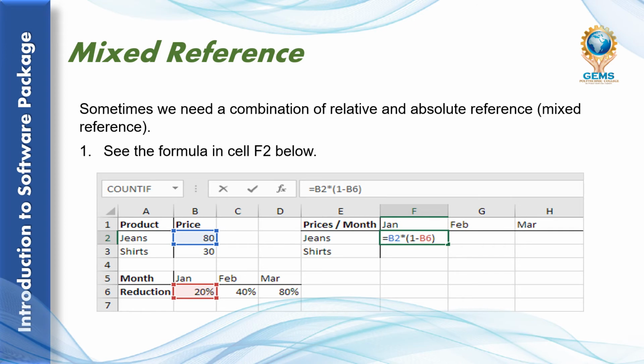Next one, mixed reference. Sometimes we need a combination of relative and absolute reference, which is known as a mixed reference.